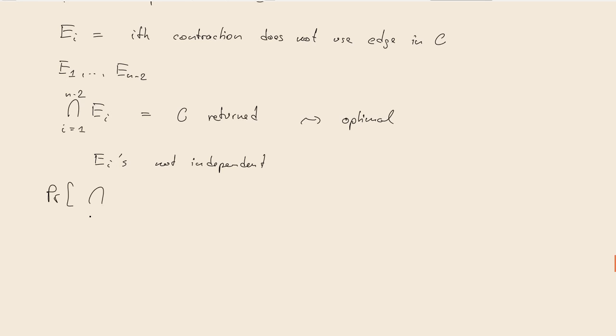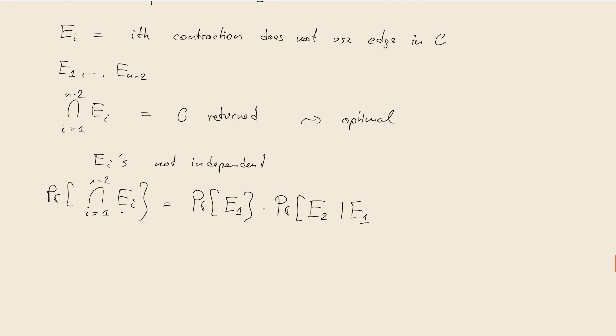The probability to have all of these events: I can split off the first one. And then for the second one, I condition on having the first one.